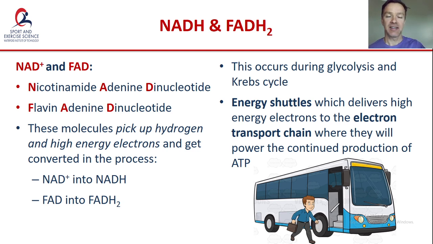The NAD and the FAD go around and they mop these up, they tidy them up and clear them up. In the process, they are converted to NADH and FADH, and they are used as high energy shuttles. You can literally think of them like the shuttle bus there in the picture. They pick up this stuff and they transport it over to the electron transport chain, where it's further used to produce ATP.